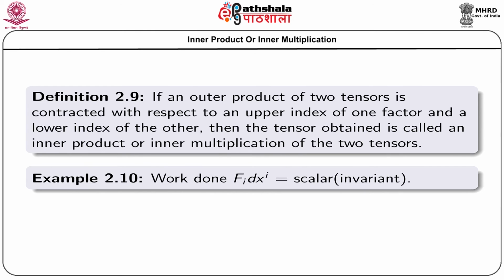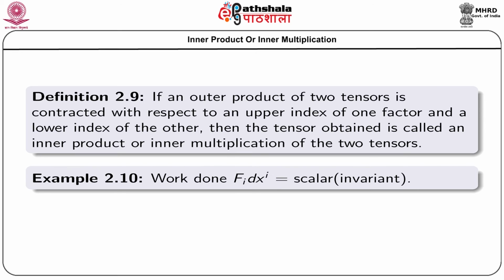Here we can give an example of inner product or inner multiplication of tensors. The work done, which is f_i dx^i, is a scalar quantity, and this is an example of the inner multiplication of the force vector and the displacement vector.